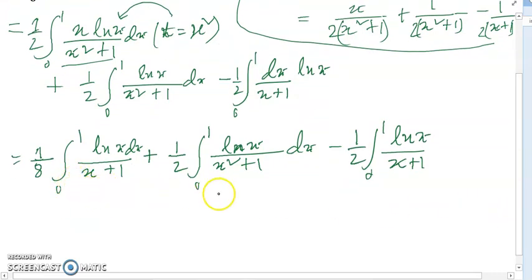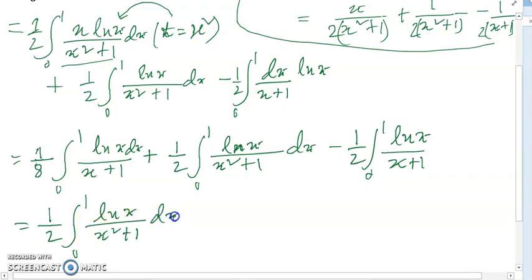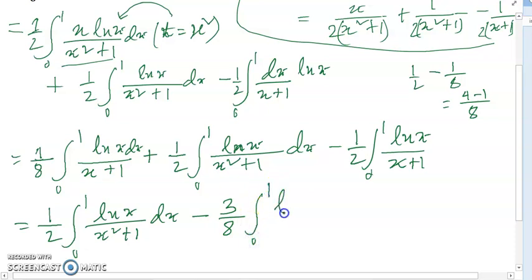So just calculating these two portions, I can write this as half into 0 to 1 ln x divided by x square plus 1 dx, and 1 by 8 minus half, 1 by 8 minus 4 by 8, so it is minus 3 by 8, 0 to 1 ln x into x plus 1 dx.